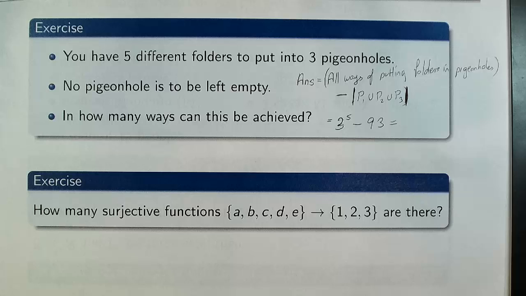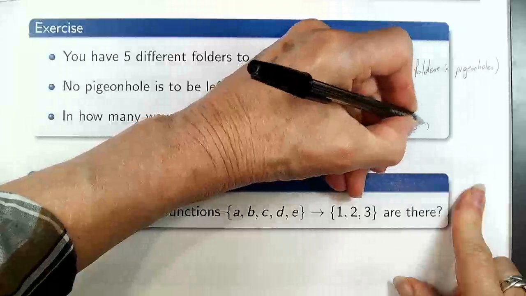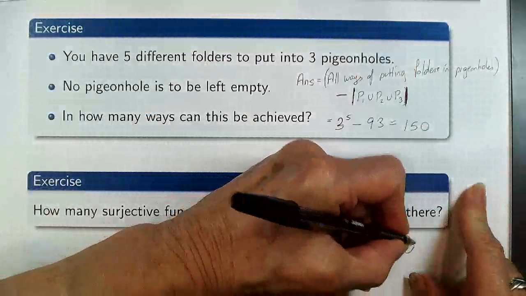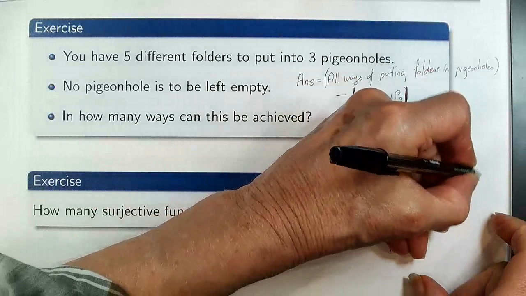Do you agree that it's really the same question? Yes, it is. It's the same question in disguise. So the answer is the same. That's actually 150. And the answer here is 150 because it's really the same with the same argument.